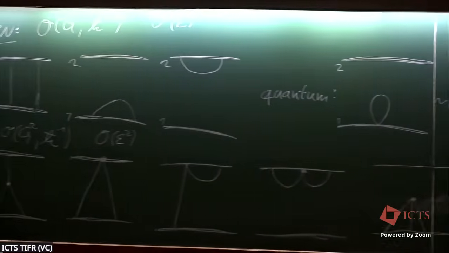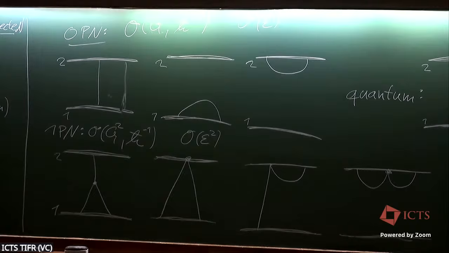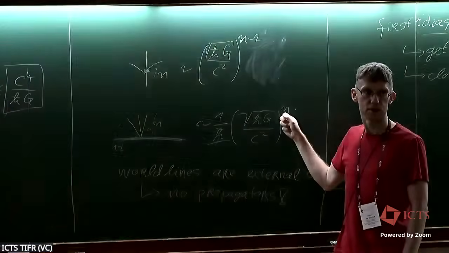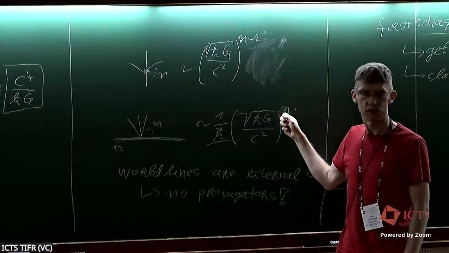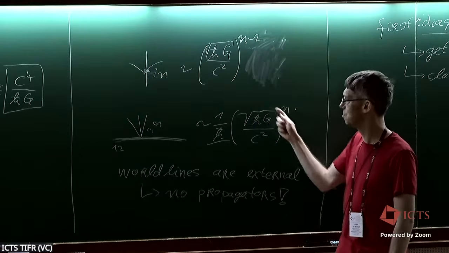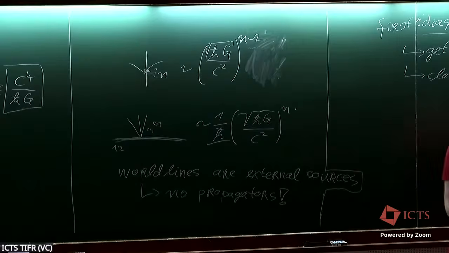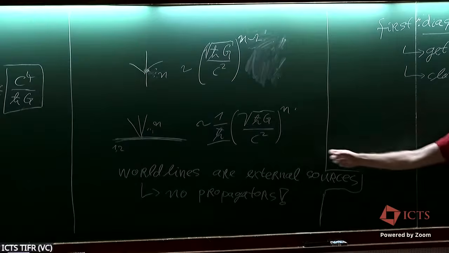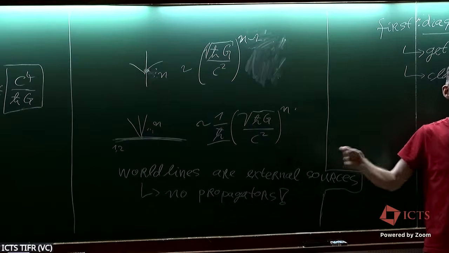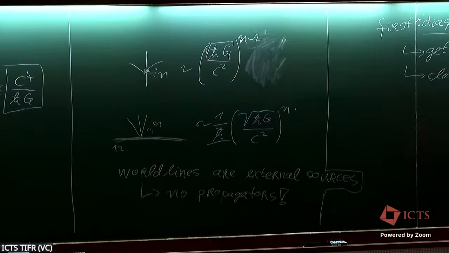And it's one world line, but we have 3 vertices with n equal to 1. So you have to set n equal to 1, but then you have this whole thing to the power of 3. Yeah. So this applies for each vertex that you add. Yes. Okay. More questions on this?